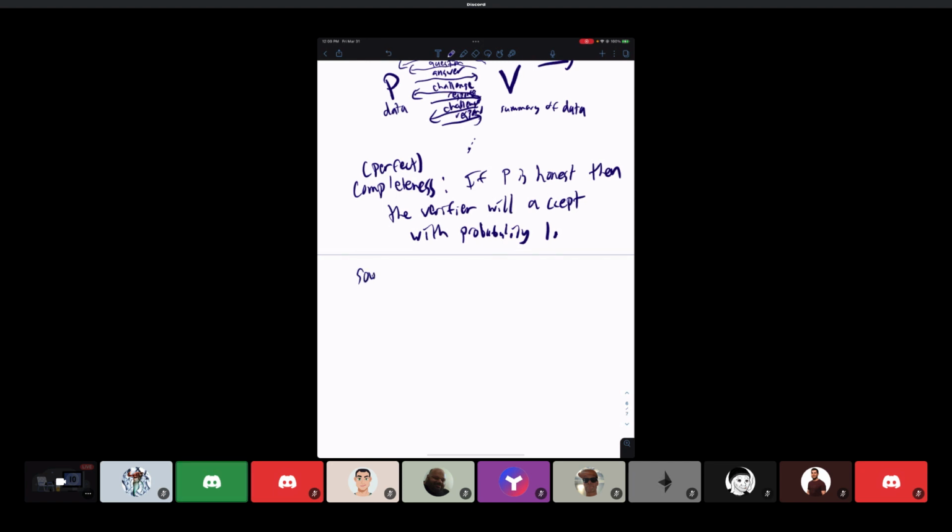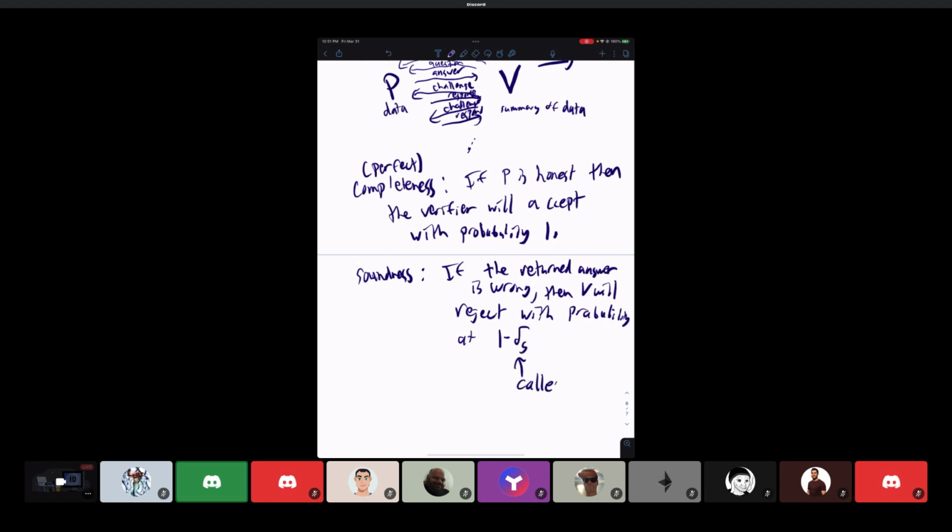And then the other property is called soundness. This is a security property. This says if the returned answer by the prover is wrong, then the verifier will reject with high probability. So let's say with probability at least 1 minus something called the soundness error, delta S. So we want that soundness error to be small.